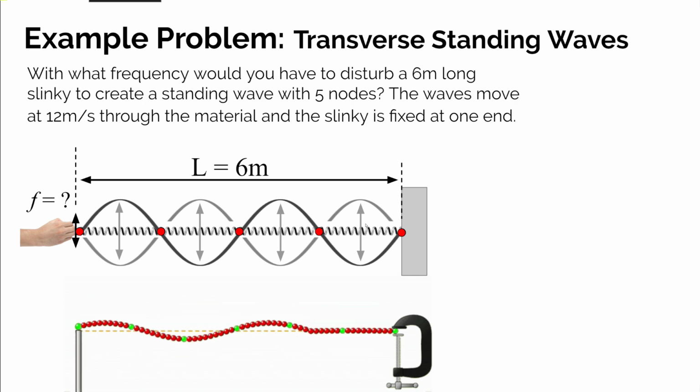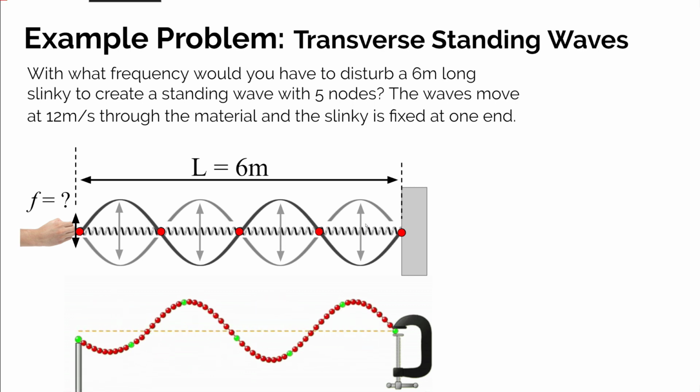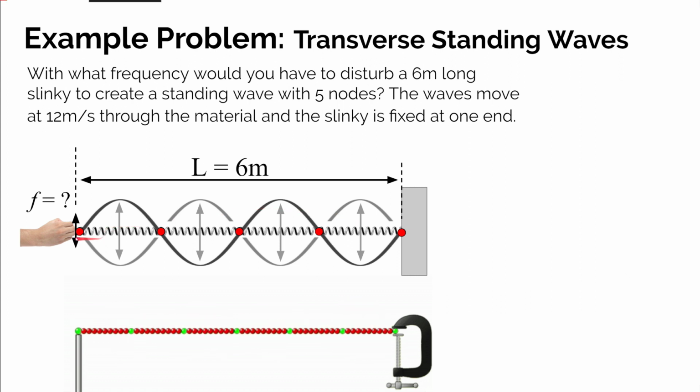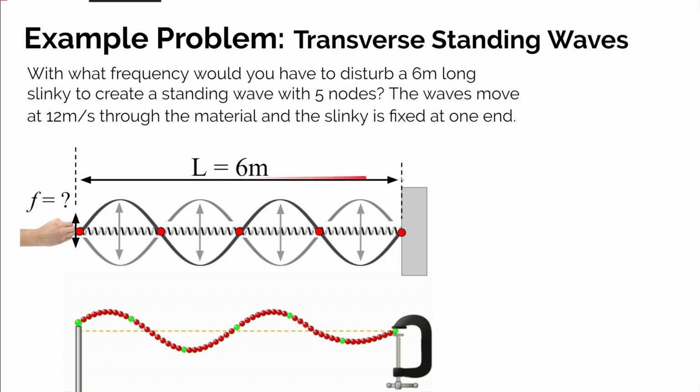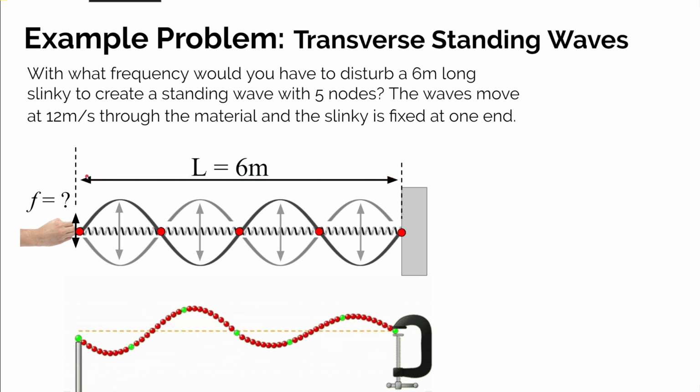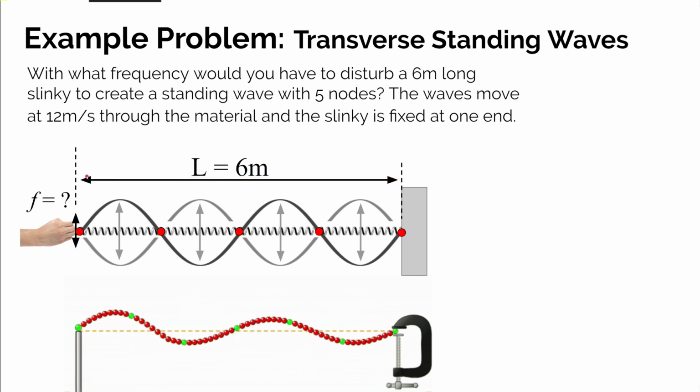So now that we have our diagram drawn correctly, now we can go through and figure out the needed frequency. Well, remember, if we have the correct diagram drawn and we know the length of the material that has the standing wave inside of it, we can figure out how long of a wavelength you need to create with your disturbance to create that specific standing wave.